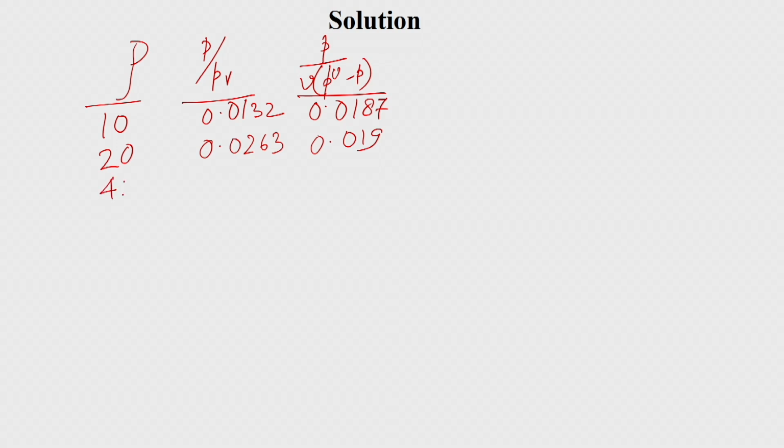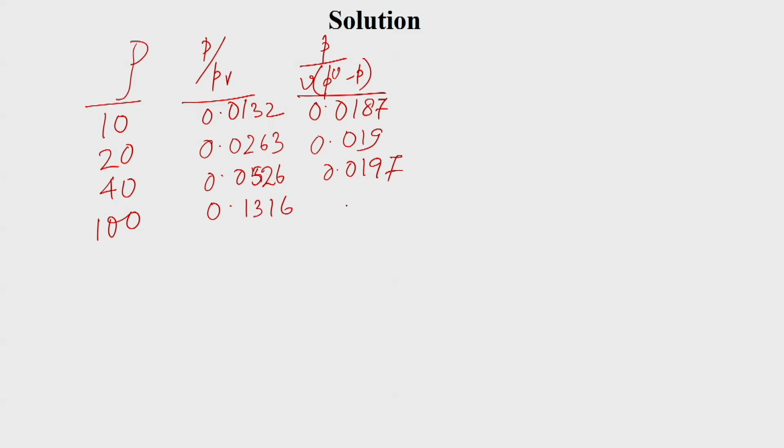When it is 40, it is 0.0526, then 0.0193. Whenever the pressure increases to 100, it will be 0.1316, and this parameter P by V into (P_v minus P) will be 0.0223.